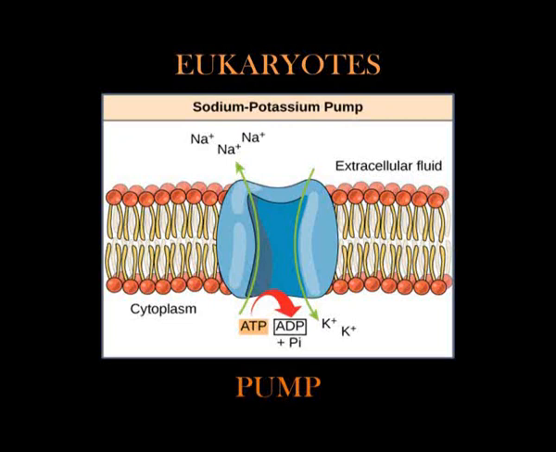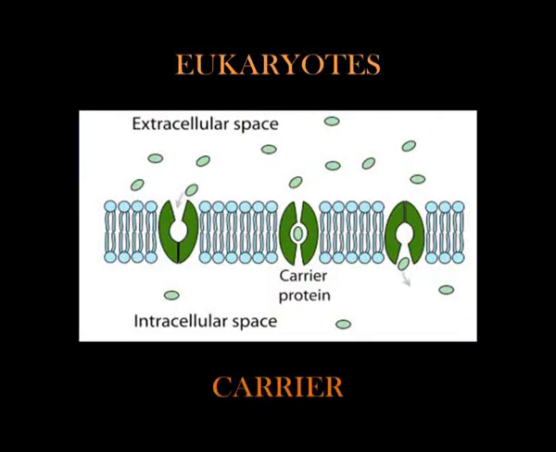Carriers provide passive pathways for solutes to move across membranes down their concentration gradients, from a region of higher concentration to one of lower concentration. Each conformational change in a carrier protein translocates a limited number of small molecules across the membrane.